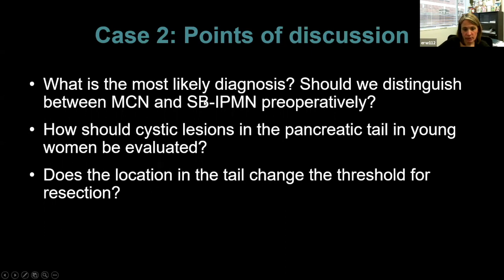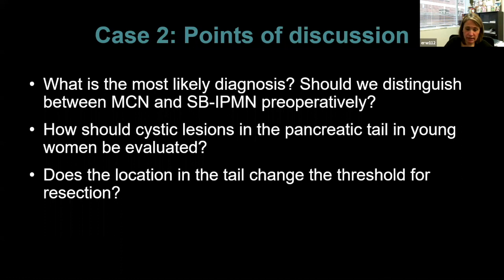So the question is, how do we clinically distinguish between MCN and side branch IPMN? The classic teaching is, of course, that MCNs shouldn't have as high a cyst fluid amylase, but this isn't a black and white issue. In some people with MCNs amylase is higher than expected, and not all side branch IPMNs have an elevated amylase on the initial aspirates.